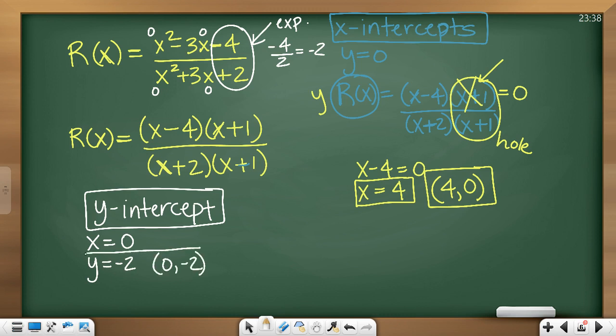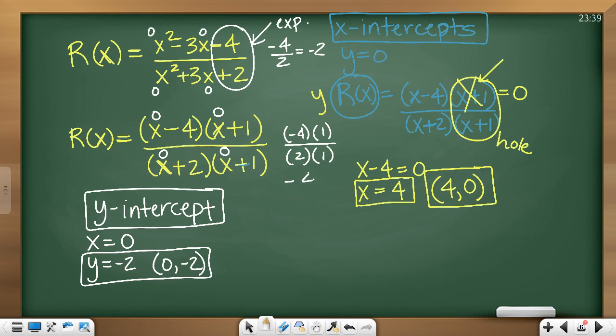Now that's how you can do it in expanded form. If it's in factored form, I plug zeros in. On top, I get -4 times 0 plus 1, which is 1, over 0 plus 2, which is 2, times 0 plus 1, which is 1.